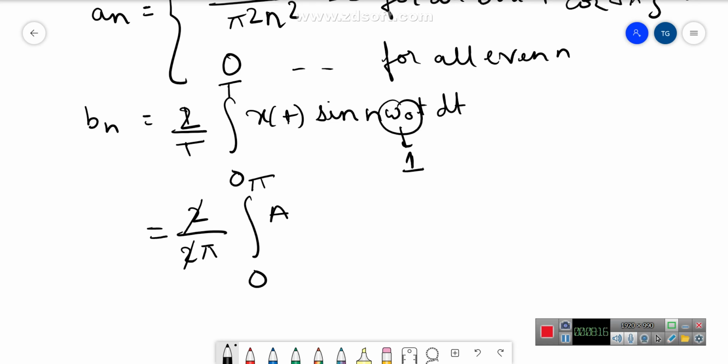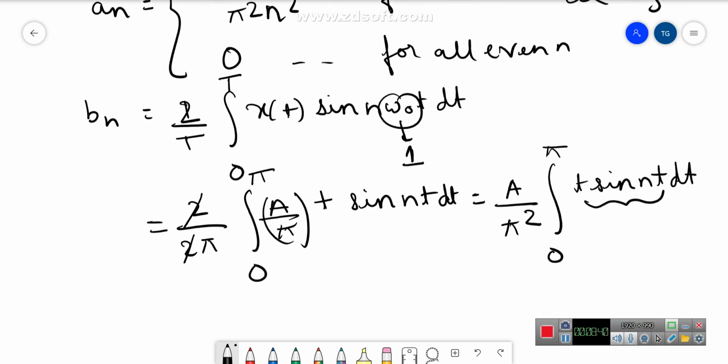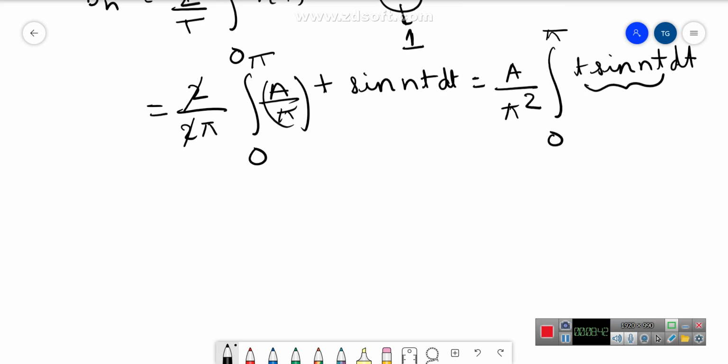We will substitute the nature of x of t, that is A by pi into t, into sine nt dt. Bringing all the constant terms outside, we have A by pi squared, integration 0 to pi, t sine nt dt. In a similar fashion to how we solved the equation for an, we can solve this integral.